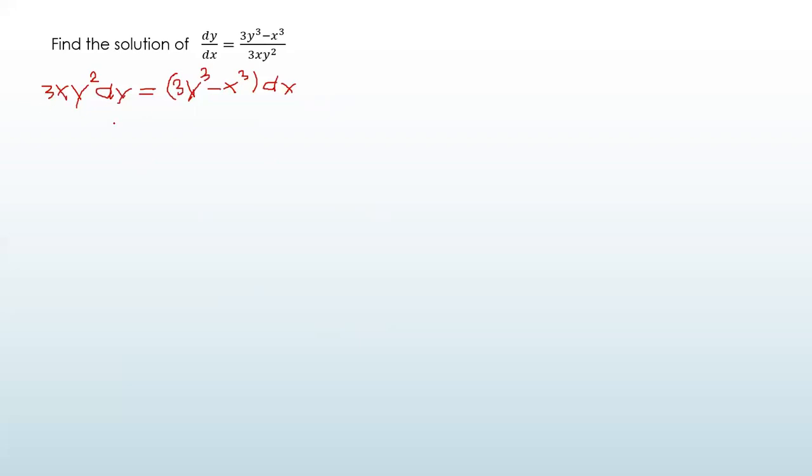And afterwards, the next step, we may write down 3y cubed dx minus x cubed dx minus 3xy squared dy equals 0.